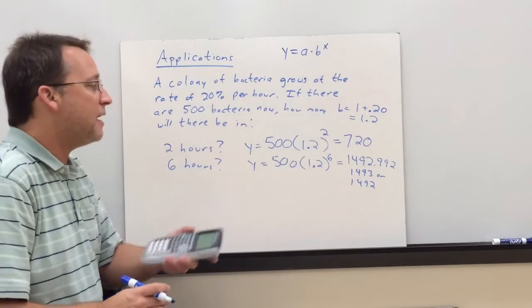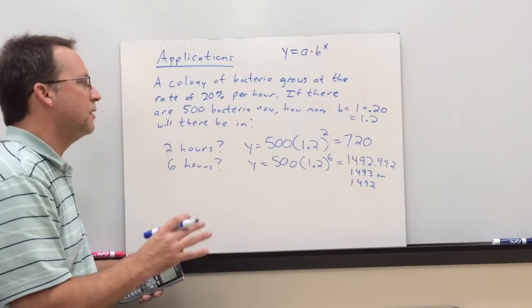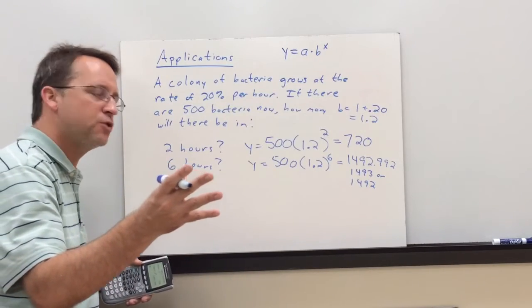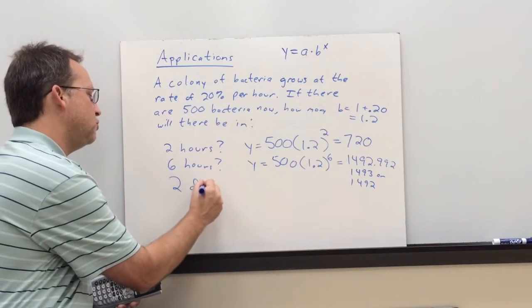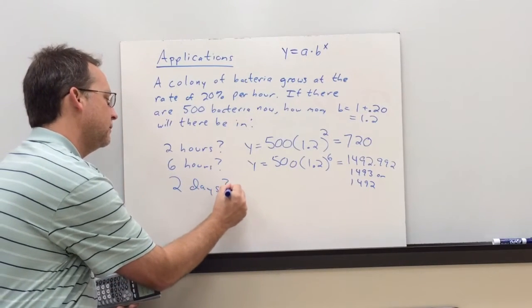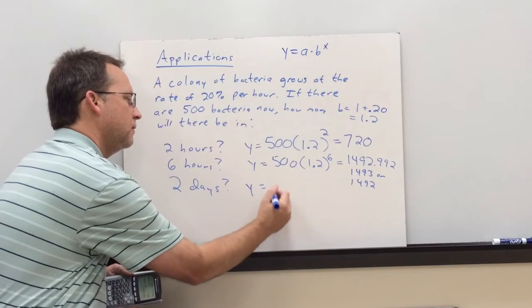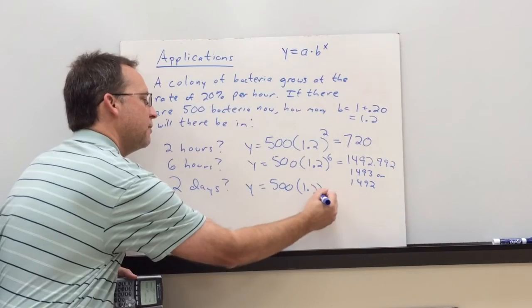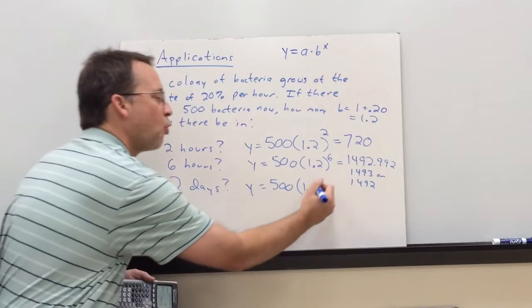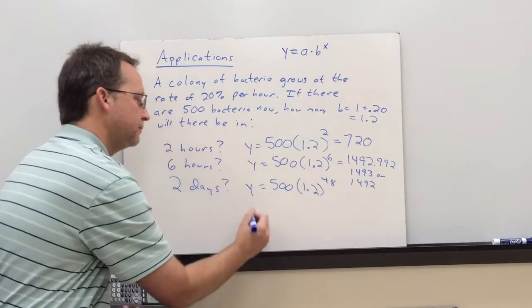Okay. And then finally, I'm just going to show you this to kind of illustrate what exponential functions do again. What if we do this after 2 days? What if I take my 500 growing at 20% per hour, and now 2 days, so 48 hours pass?